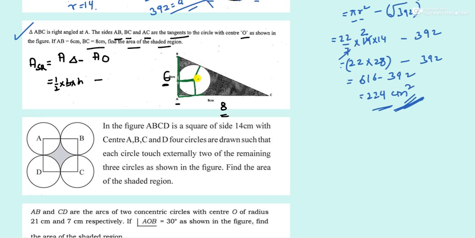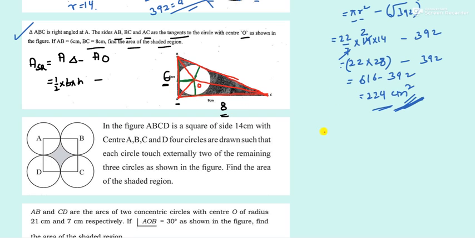Now if I join it like this, join it from the corners too. Let me use a different ink pen here. This and this. So we are getting three small triangles here, correct? The bigger triangle and the smaller three, and this is O.